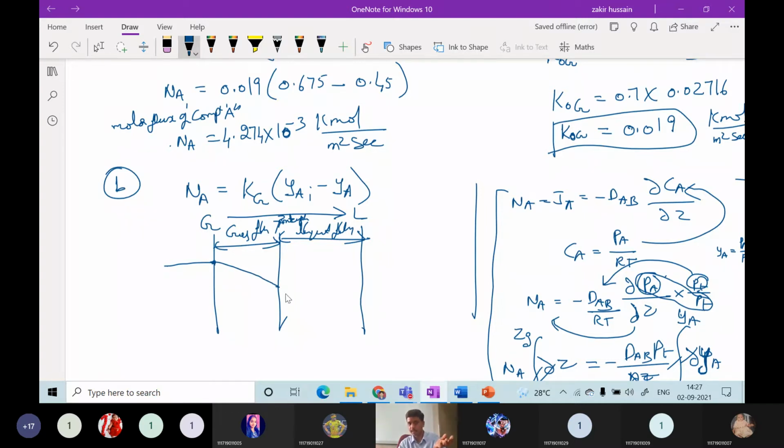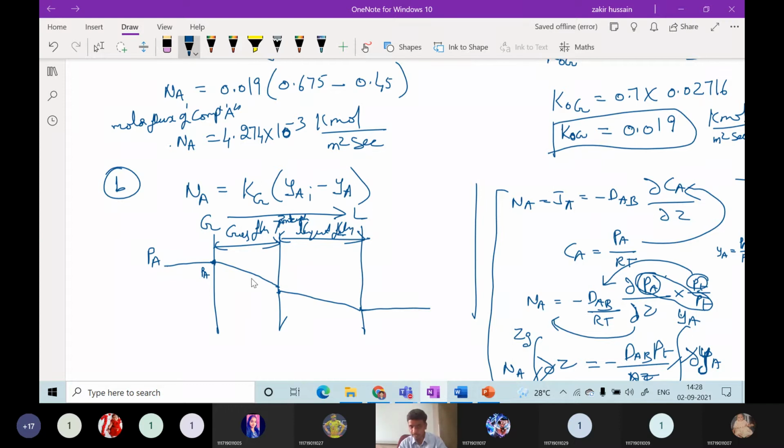Then next is the liquid film. The gas is transferring into the liquid, so in the liquid it is also a film now. That's why once again the concentration will be reduced like this. Then finally it will approach a constant stagnant value. If this is the partial pressure for the gases, estimation of concentration with respect to pressure will be very easy. So this is PA, and until here it is also PA.